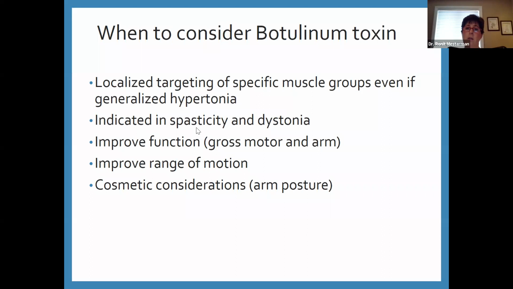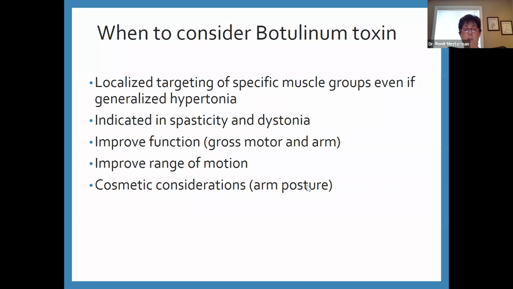It does help in spasticity and dystonia, so in both types of hypertonia. And the aim is to improve function, improve range of motion, but I also wanted to list the possibility of sometimes cosmetic consideration for tone.